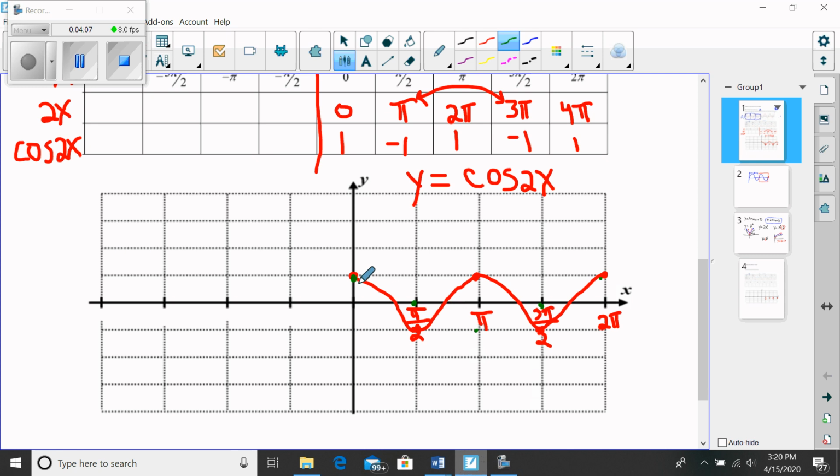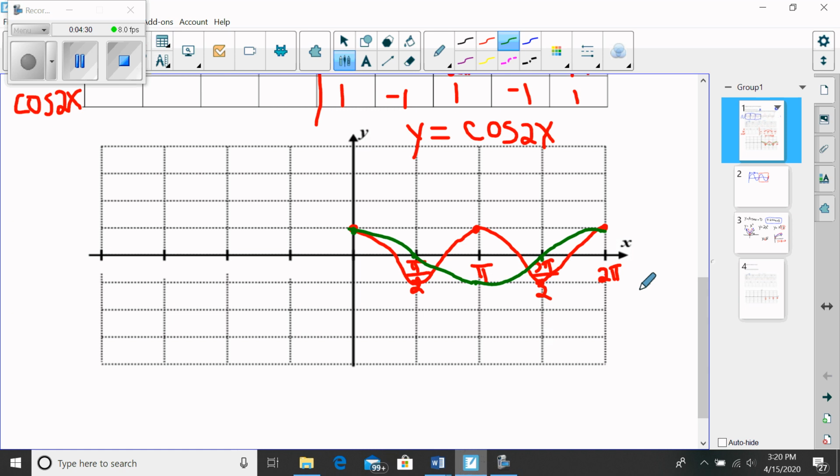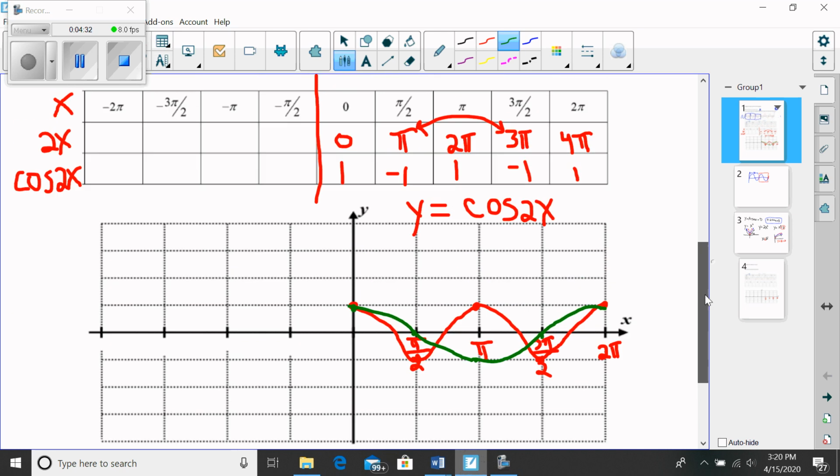I get 1 cycle from 0 to 2 pi, right? But now I have 2 cycles from 0 to 2 pi. Or in other words, I got 1 cycle in half the time, okay? 1 cycle in half the time meant I got a cycle in pi rather than in 2 pi.